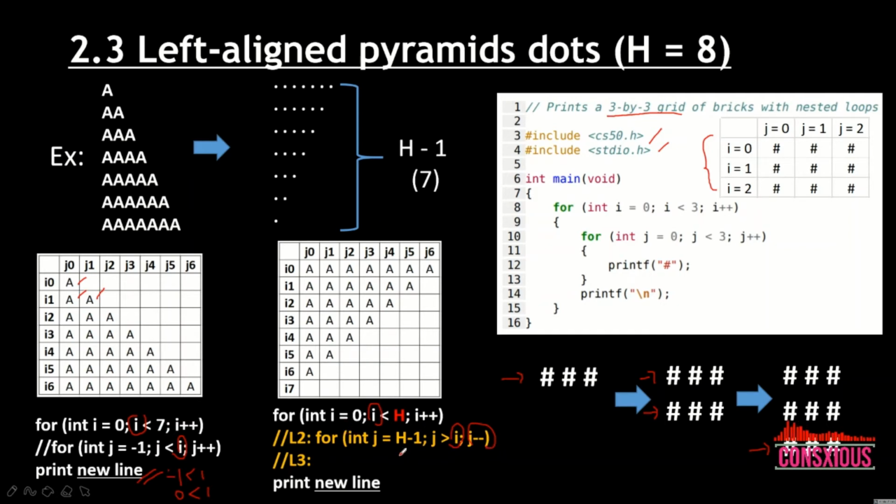Let's take an example. i equals 0, j is, for example, height minus 1, which is 7, more than 0. So it will print 7, 6, 5, 4, 3, 2, 1. Then you print a new line here.